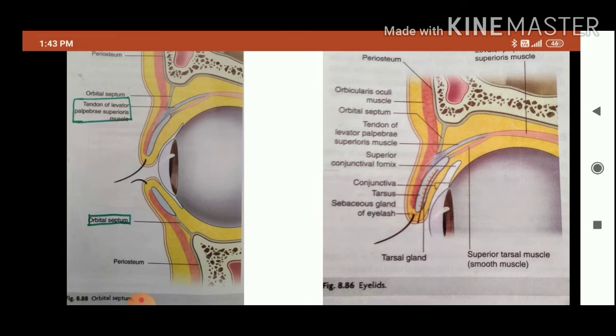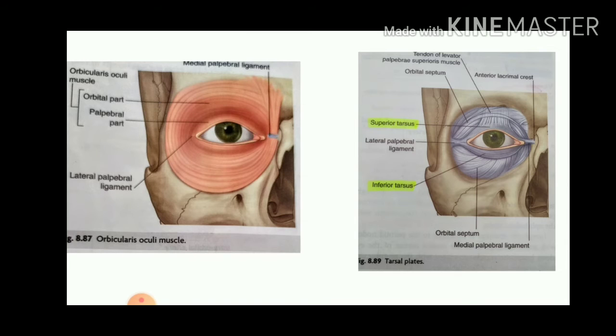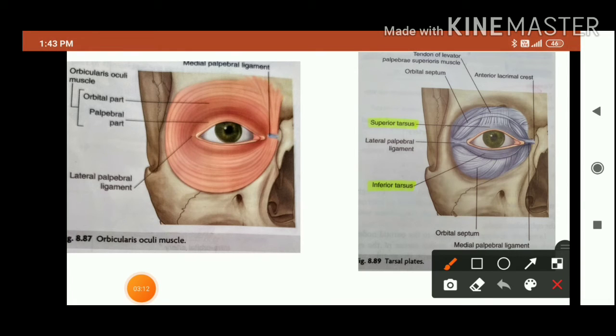Now in order to visualize this clearly, I just want to move to another important diagram. Just have a look at this diagram. This is the orbital part of orbicularis oculi, followed by the palpebral part of orbicularis oculi.